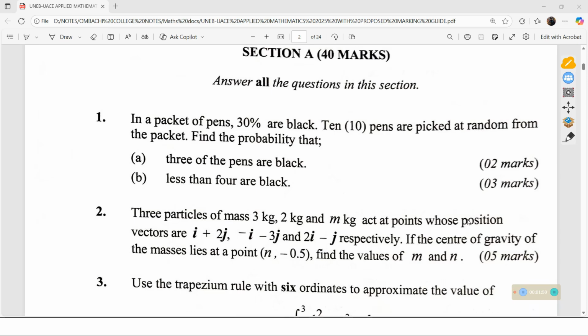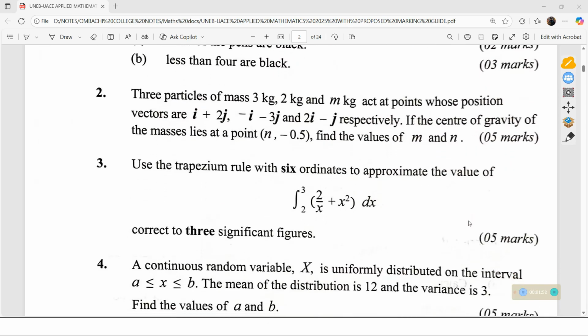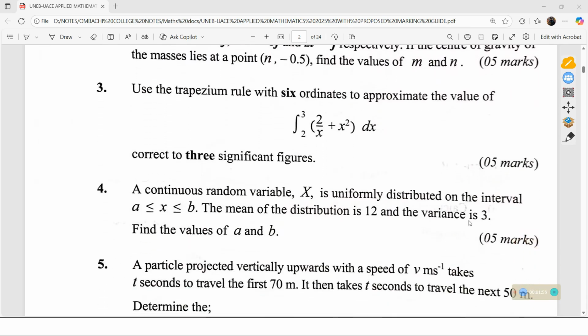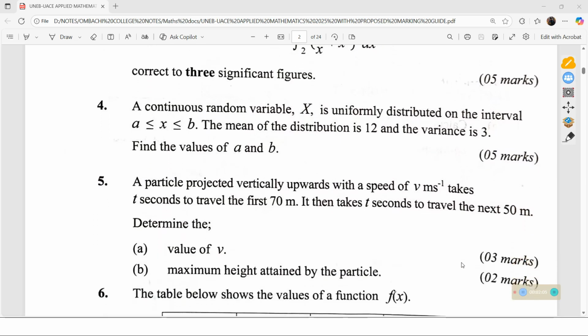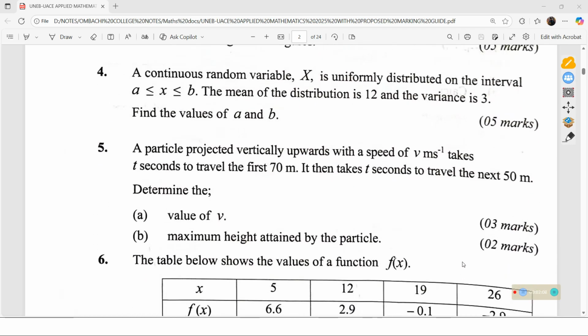So here we have 1, 2, and then we have question number 3. So here we have questions 3, 4, and this is question number 5. Feel free to pause the video so you can get the questions clearly.